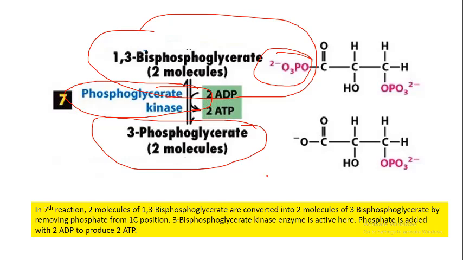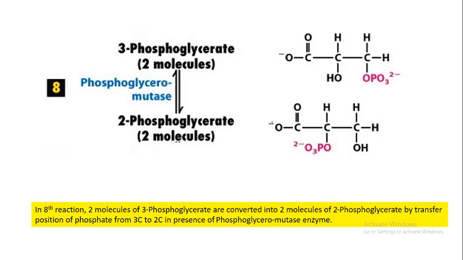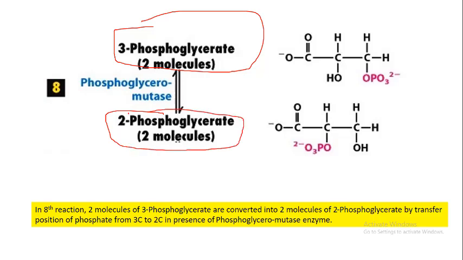Phosphate is added with 2 ADP to produce 2 ATP. In the eighth reaction, two molecules of 3-phosphoglycerate are converted into two molecules of 2-phosphoglycerate by transfer of phosphate from 3 carbon to 2 carbon position in presence of phosphoglyceromutase enzyme.